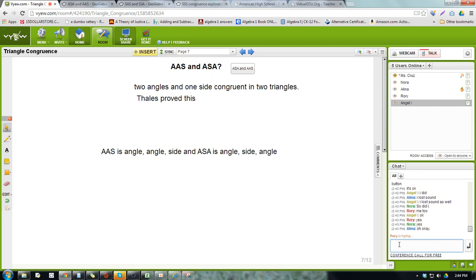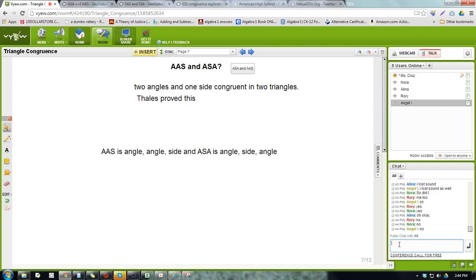Was anybody able to find two triangles that were not congruent? No. Okay, good. There aren't. If you have two angles and one side that are congruent, the triangles will always be congruent no matter what the order is.